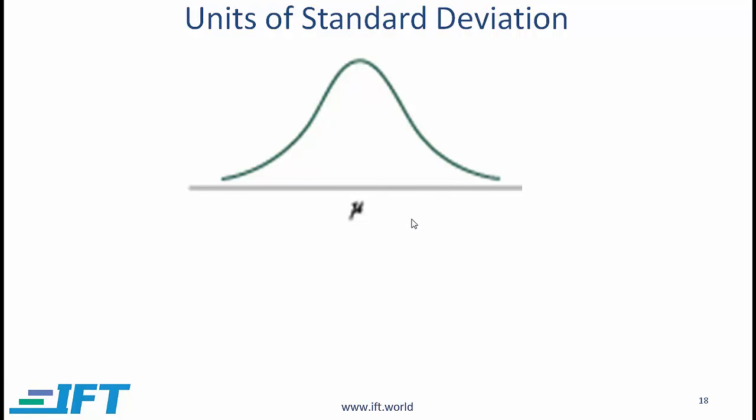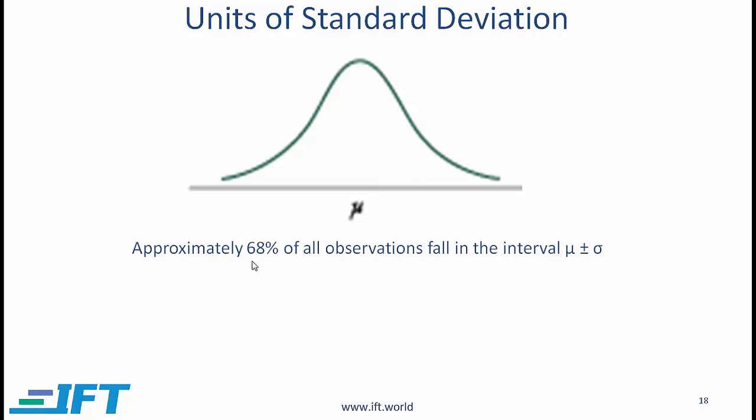There is some basic information that you need to memorize related to a normal distribution, and I'll just share that with you over here. Approximately 68% of all observations fall in the interval mu plus or minus 1 standard deviation. In the example that I just talked about, let's say that the mean or mu is 10.